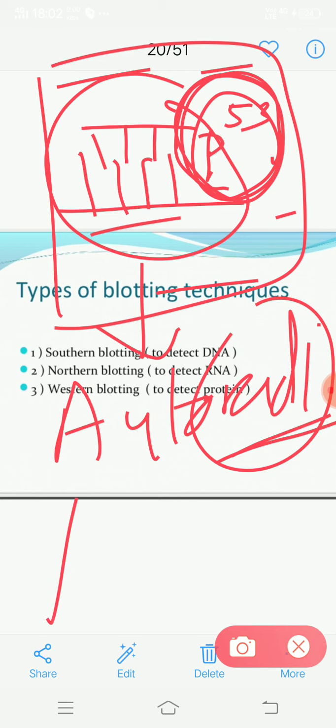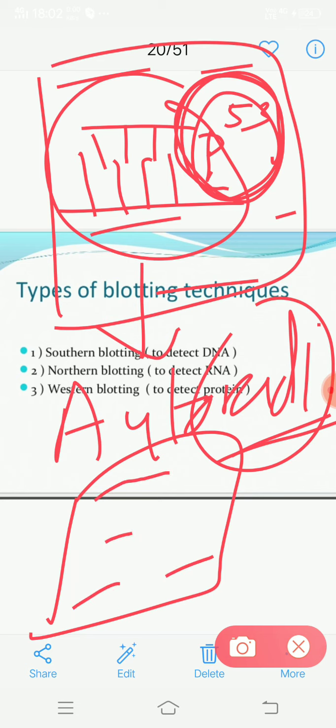So by autoradiography, suppose these are the fragments of DNA, and this is the fragment which contains your gene of interest. The other fragments are of the remaining vector; they don't have this gene of interest, only this fragment has it.